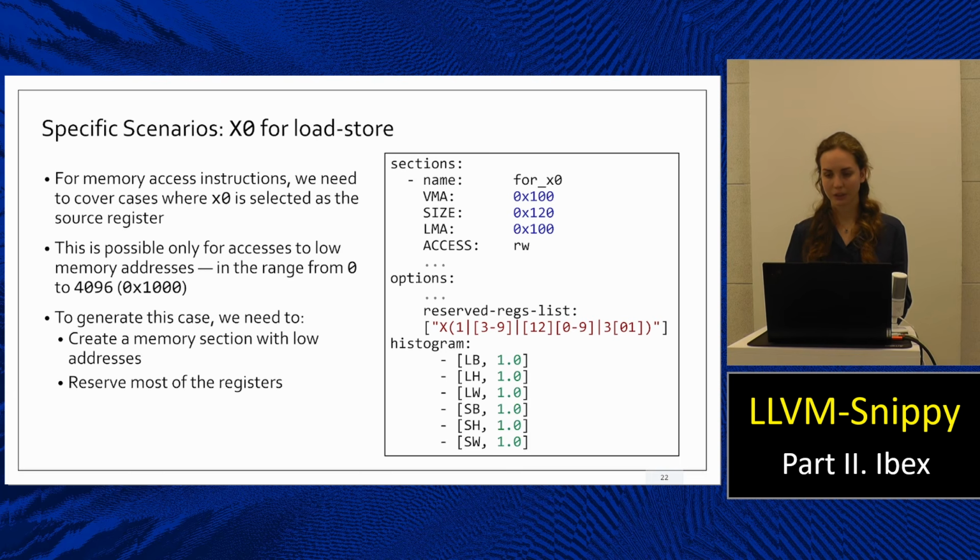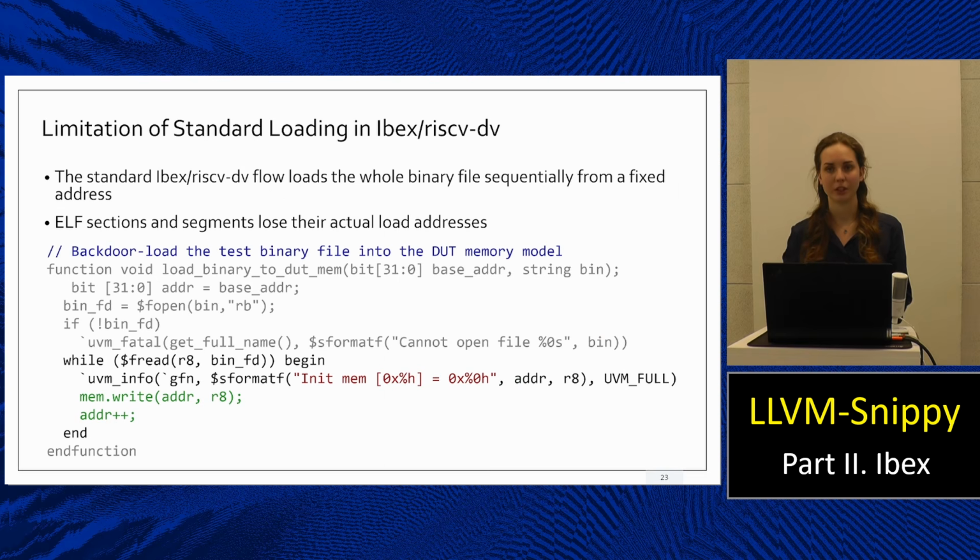This makes it much easier for the generator to select x0 while staying within a varied address range. Again, we don't write specific instructions by hand. We create conditions where a rare cover point becomes reachable and reproducible, while the rest of the instruction stream is still generated automatically. Now let's move to another infrastructure change.